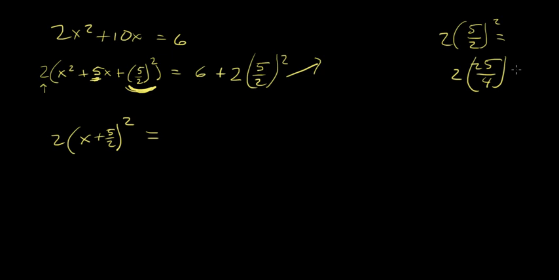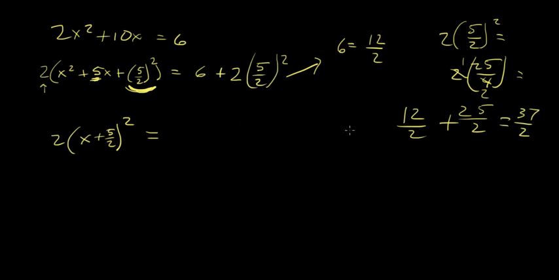So 2 times 25 over 4, now I can cancel, and I have 25 over 2. And the 6 is equal to 12 over 2. 12 halves, of course, make up 6. And so if I add those two, I get 37 over 2. So this is equal to 37 over 2.